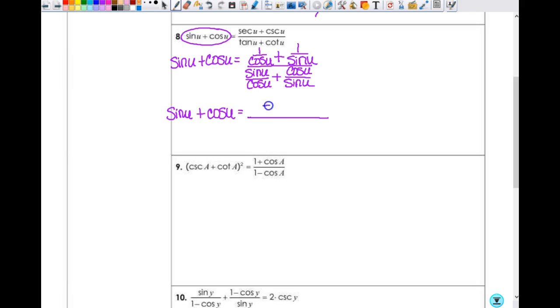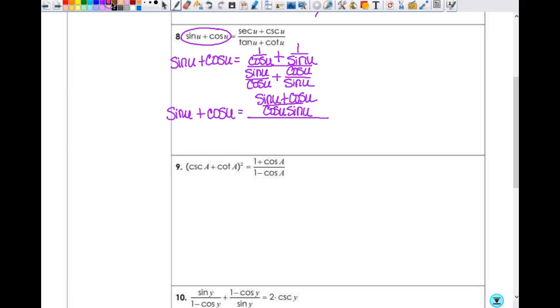So my denominator in the numerator is cosine u, sine u, which means when I do that, this first fraction has to be multiplied by sine over sine. So that 1 gets multiplied by sine. So this just becomes sine u. This second fraction had to be multiplied by cosine over cosine, right? So that'll be plus cosine u. Everybody with me so far?